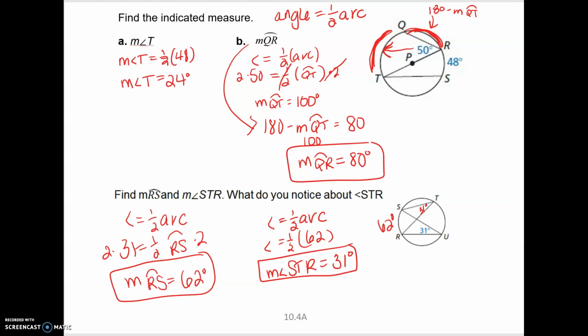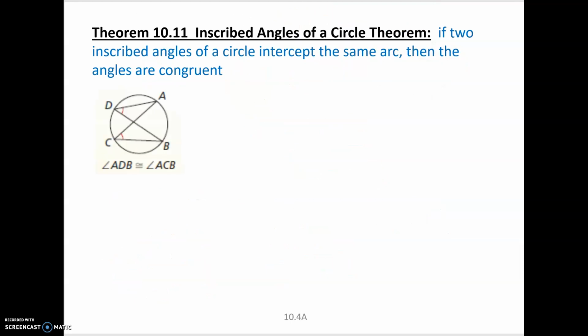So what do you notice about this angle? This 31, hopefully you see, is also the same as this 31, and they share that arc. Both of those angles had the same intercepted arc. That is explained in this theorem right here. It says if two inscribed angles of a circle intercept the same arc, then the angles are congruent.